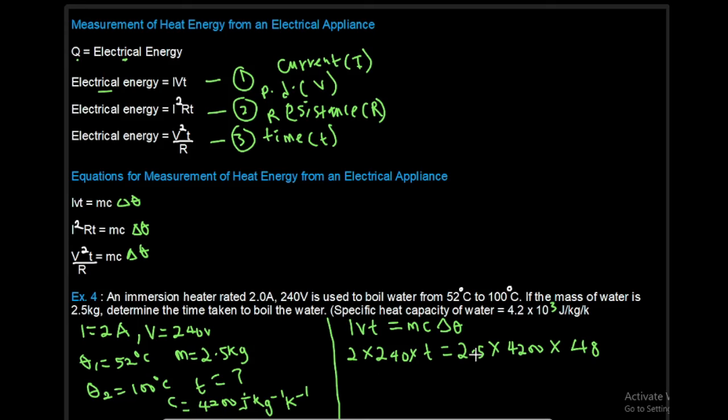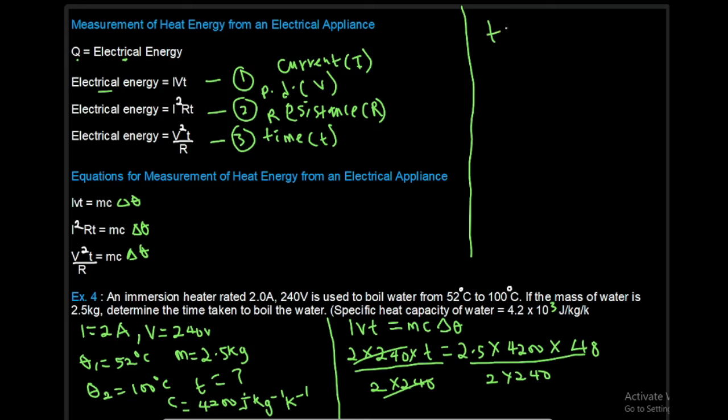So this will cancel out, and there will be left just T. So T equals 2.5 multiplied by 4,200 multiplied by 48, divided by 2 times 240.